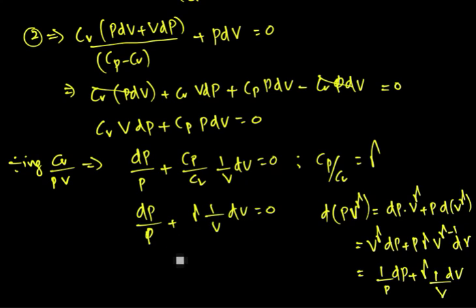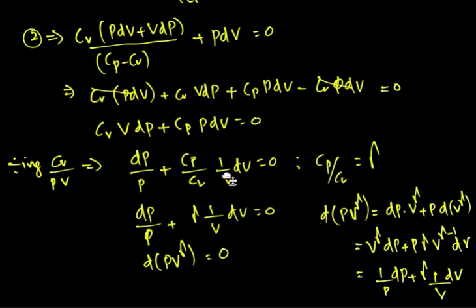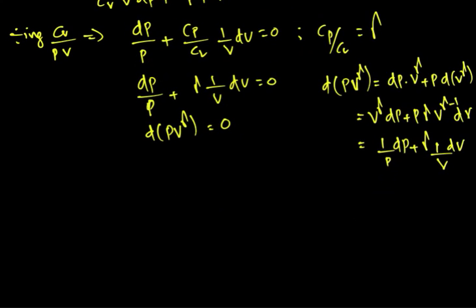So we can write that the differential of P V raised to gamma is equal to 0. So the differential of P V raised to gamma is 0, which means P V raised to gamma is a constant.